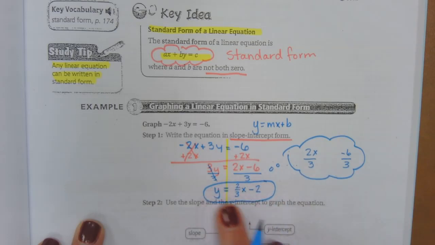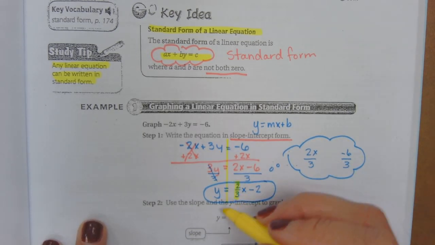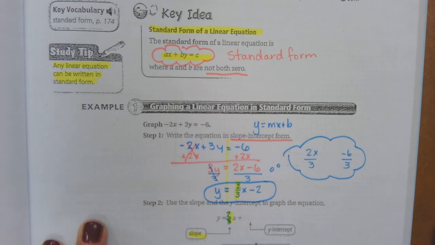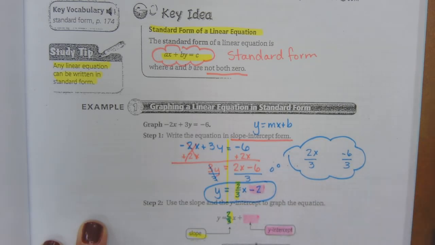Then we're going to use the slope and the y-intercept from this to graph the equation. So we know that this is our slope. Okay, so 2/3 is our slope. And we know that our y-intercept is right here.